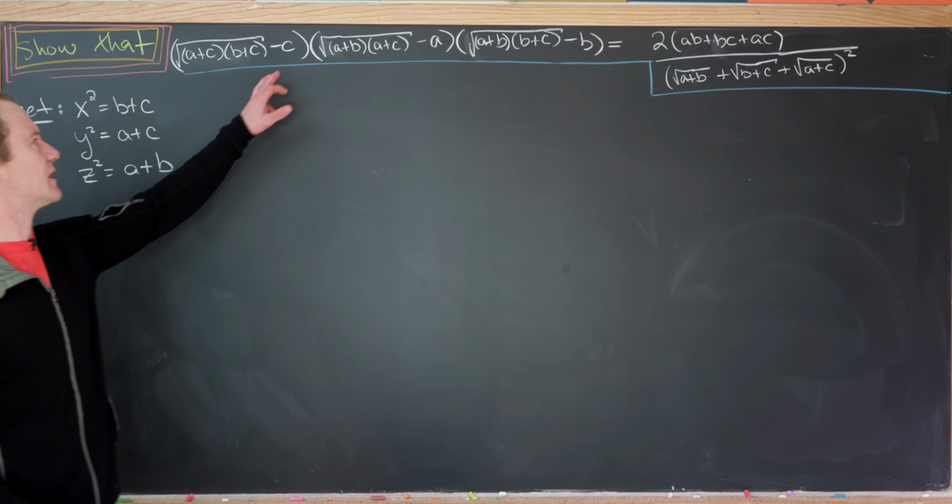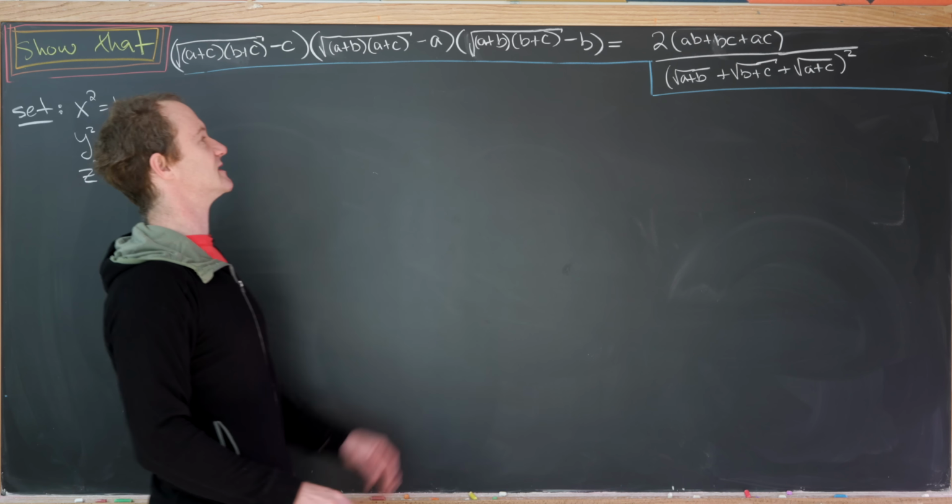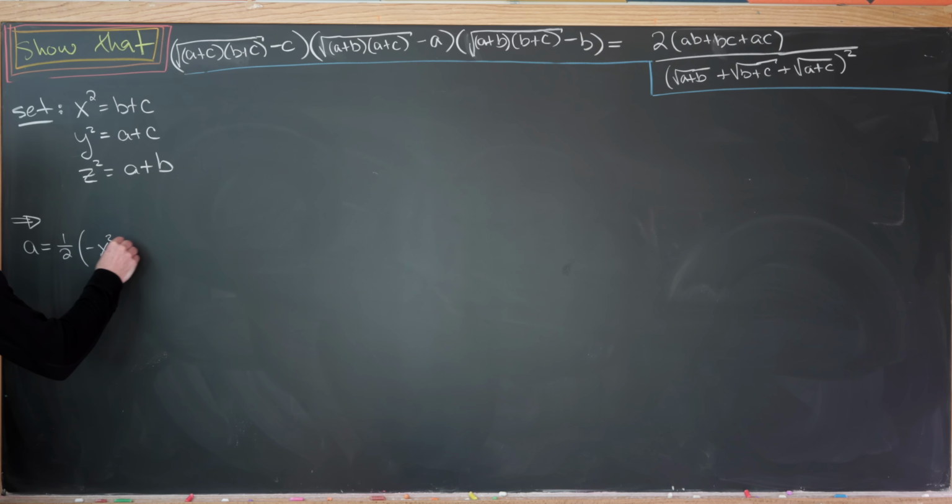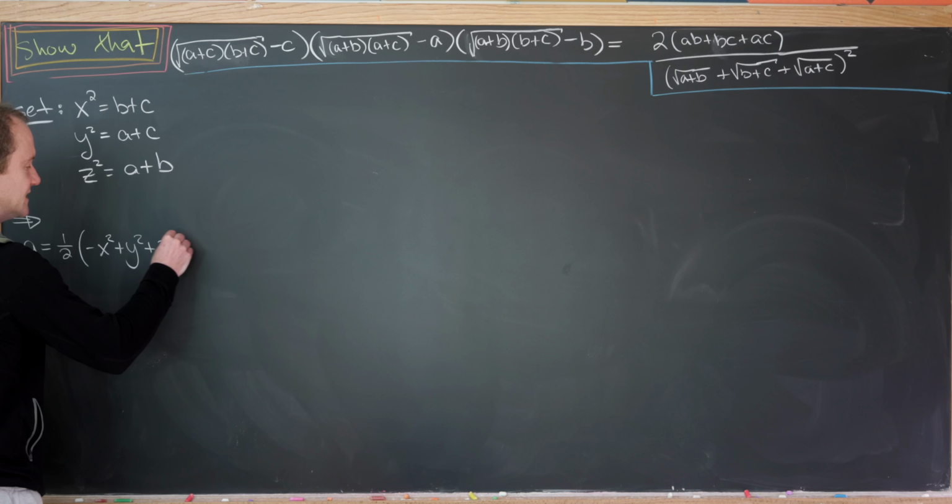But let's also notice that we'll need these a's, b's, and c's as well, because we have to take that difference there. So we can do a fairly simple method of solving this system of equations for a, b, and c. I'll leave that off, but what you'll end up with is the following. So this leads to a is equal to 1/2 times the quantity minus x squared plus y squared plus z squared.